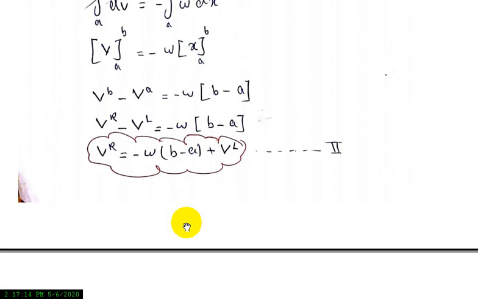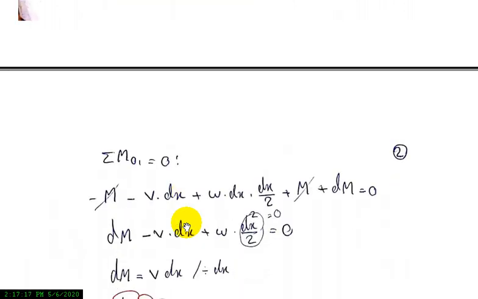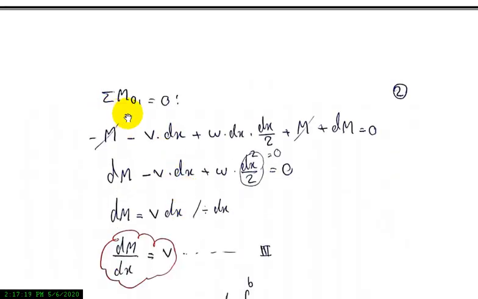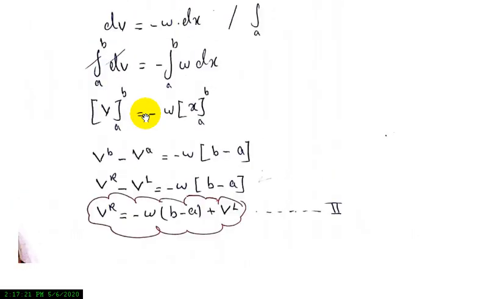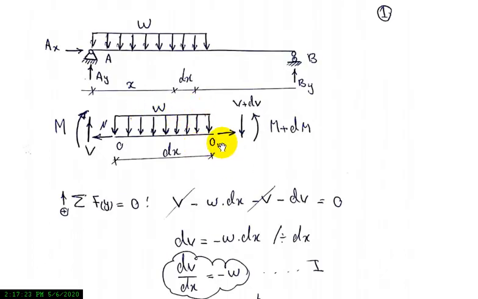And now we want to prove the formula of moment. We take moment at the point O1 in this section. When we take moment, we accept counterclockwise as positive and clockwise as negative.